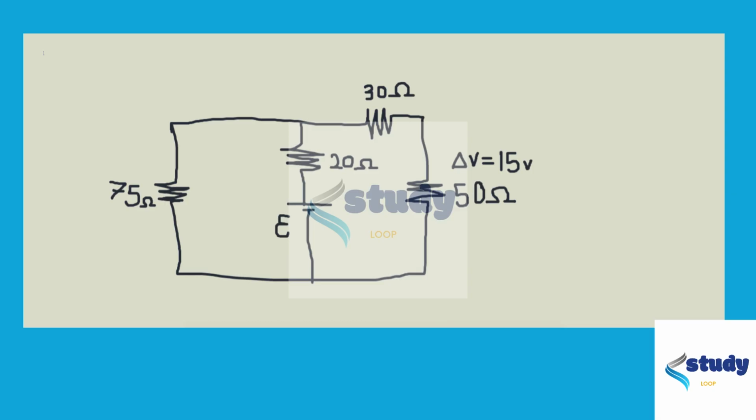And what this means is that when we draw a loop, any loop in the circuit, the sum of all the differences in potential around that loop will be zero. So this circuit contains two loops, one on the right-hand side and one on the left-hand side. So let's draw some loops with some directions on there.